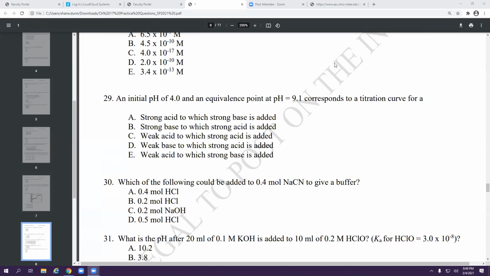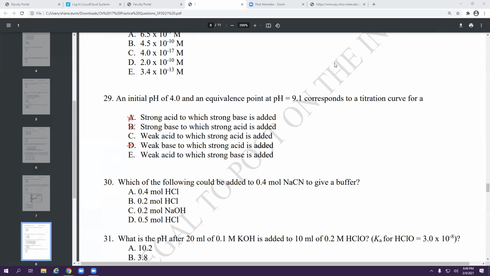So my equivalence point was 9. Is that 9 or is that 9 close to 7? So it can't be a strong acid, strong base, right? So I can already eliminate A and B. So now that pH of 4, is that gonna be a weak acid or a strong acid? Probably a weak acid, so eliminate D.